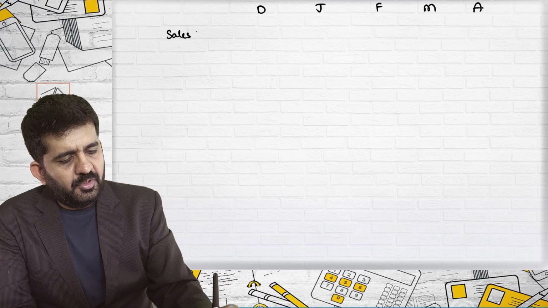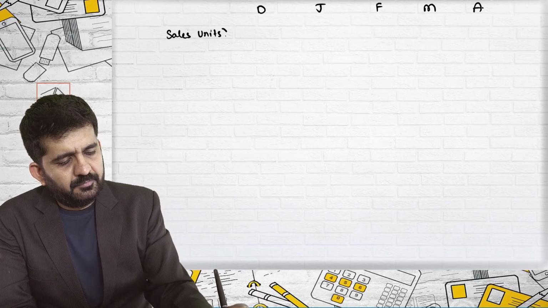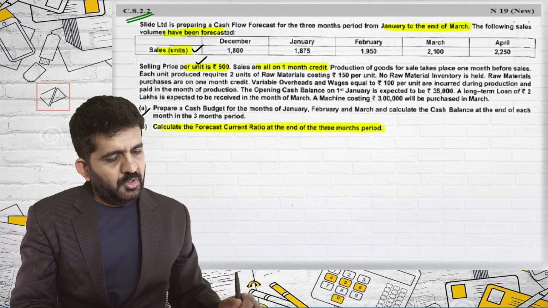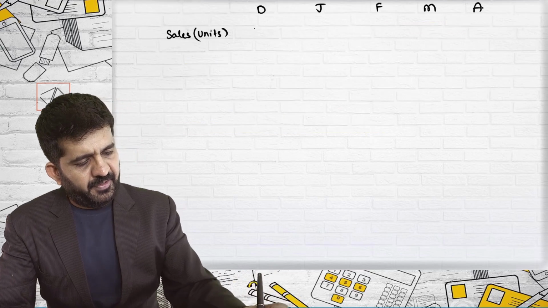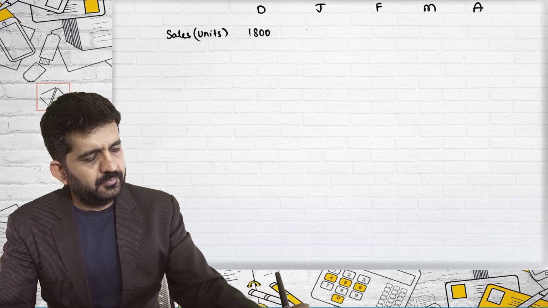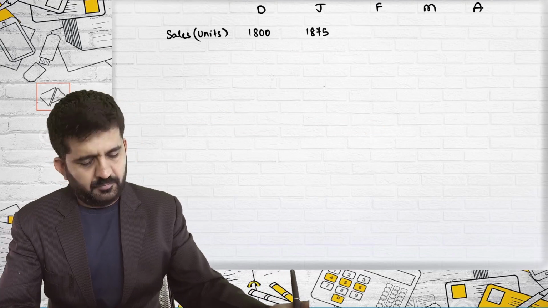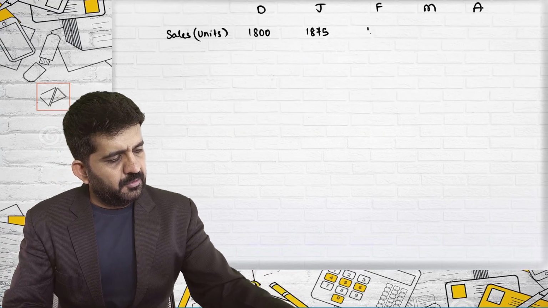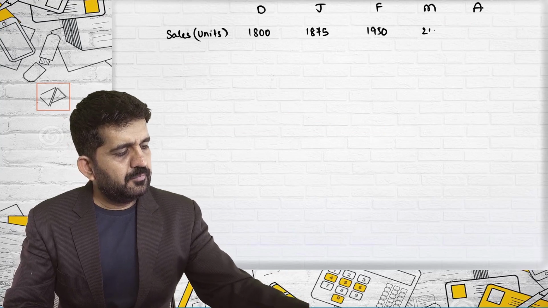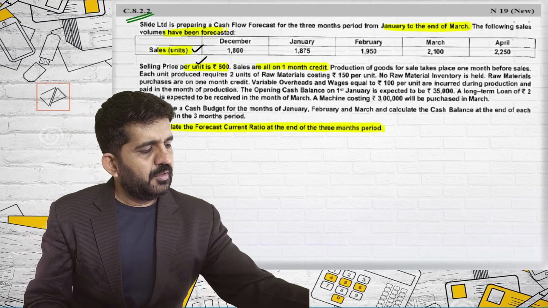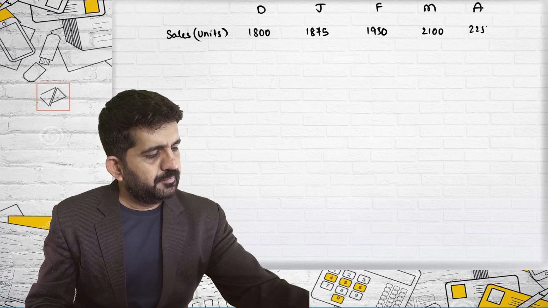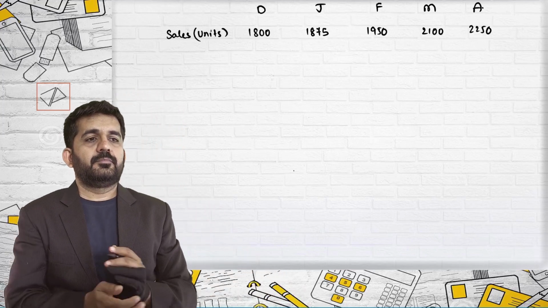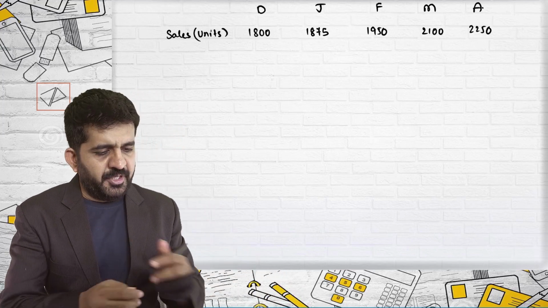Sales in units: 1800, 1875, 1950, 2100, 2250. Those are my sales in units.